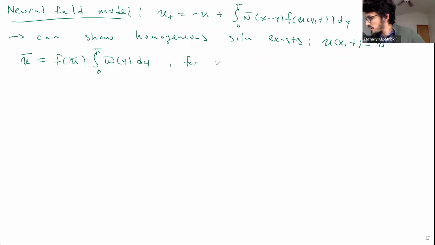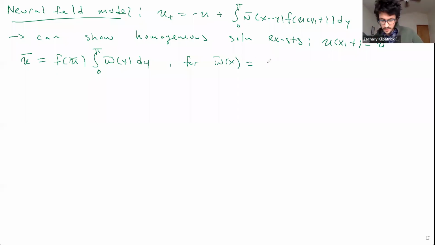And for w bar of x minus y, let me just call this w of x, right? So this is just your kernel in the neural field model that represents the interactions between neurons.